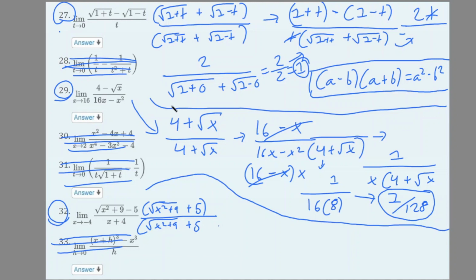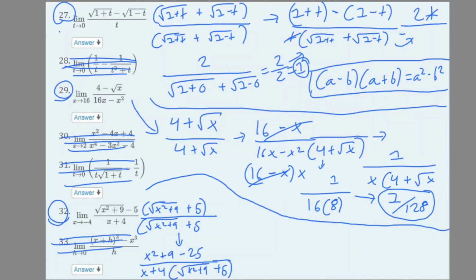Now if we simplify the solution a little bit, we would get x squared plus 9 minus 25 on the top, and on the bottom would be x plus 4 times parentheses, square root x squared plus 9, and then plus 5.